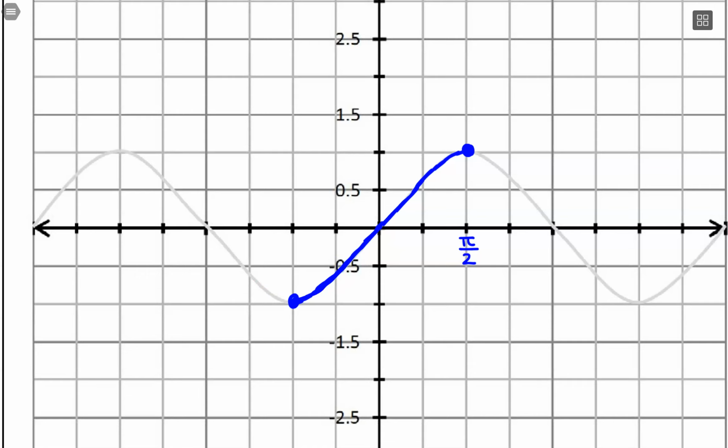So if I just take this snippet of sine, I would pass the horizontal line test there. I just can't continue on beyond those values. However, this little window here captures all of my possible outputs for sine. I can see all of my possible y values spanning from -1 to +1 are captured in that window.